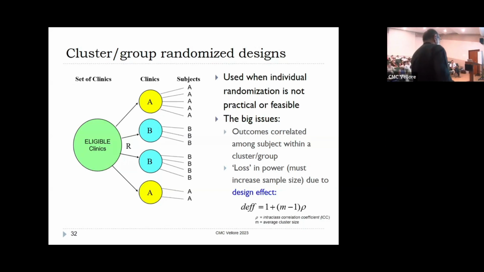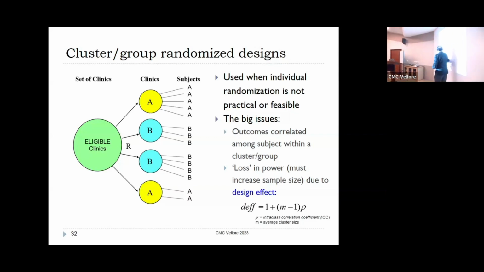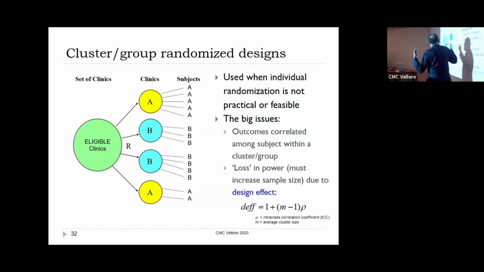Now, if a clinic or a school or whatever gets A, another one gets A, everybody here gets A, everybody here gets B, and so forth. If there's a clinic effect, where this clinic treats well-to-do people and this clinic is a public one, even though they follow the same protocol, their clientele is different, their education is different, things happen. Or the schools are different, or the teachers in the schools are different.